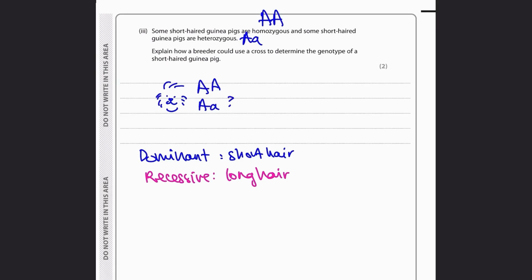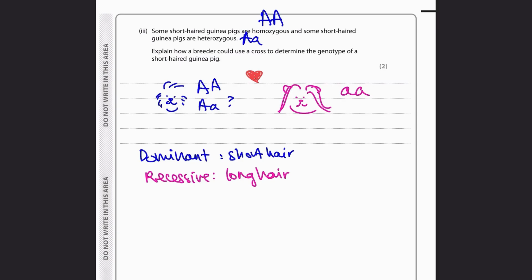However, if I'm going to mate it with a long hair guinea pig, like this here, so they're going to be mated together. I know for sure, guys, that the long hair one is small a, because it's a recessive gene.